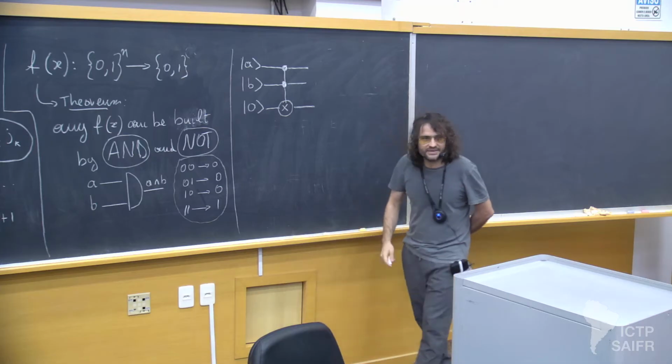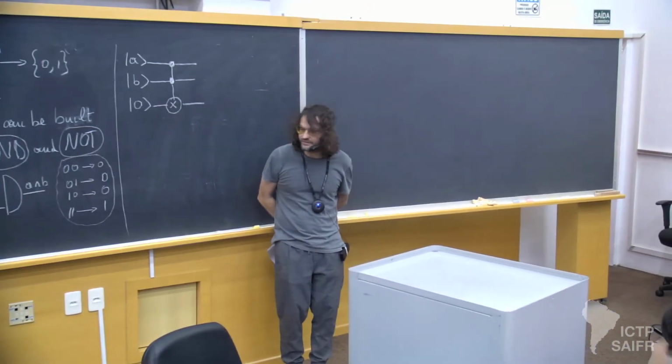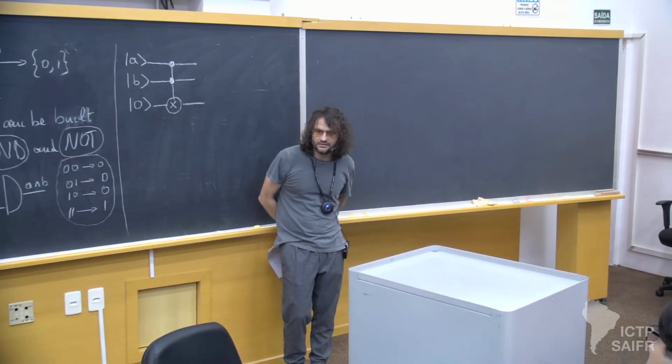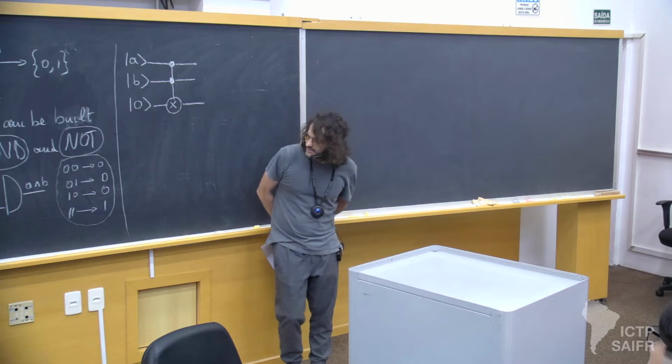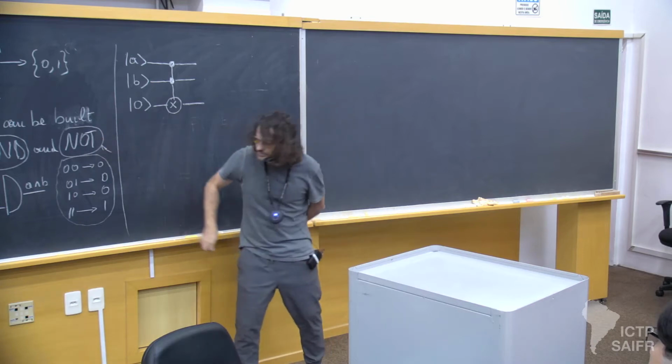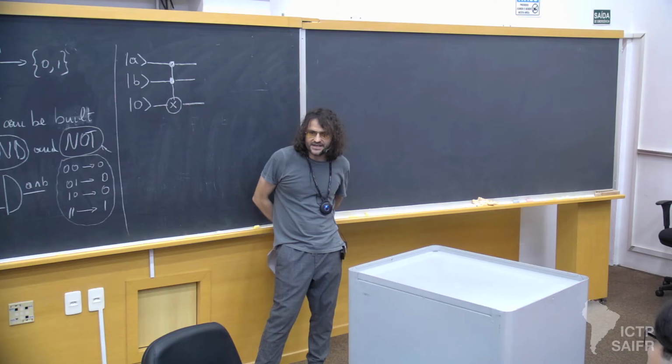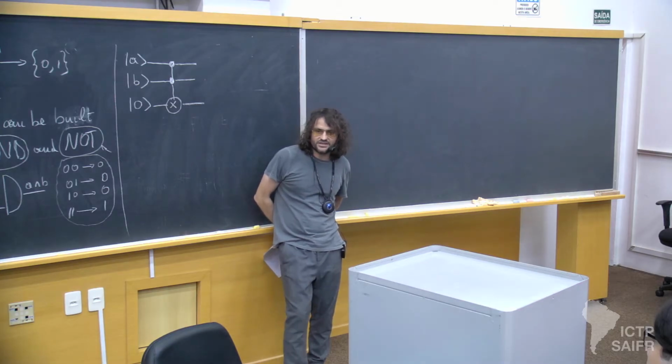Does somebody know why I said only by Toffoli? In principle, I used the X gate, right? Is there a way to implement the NOT gate using the Toffoli?